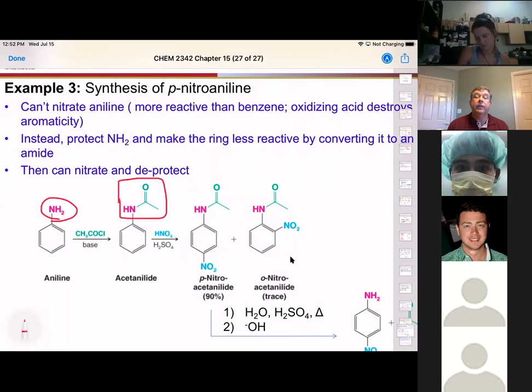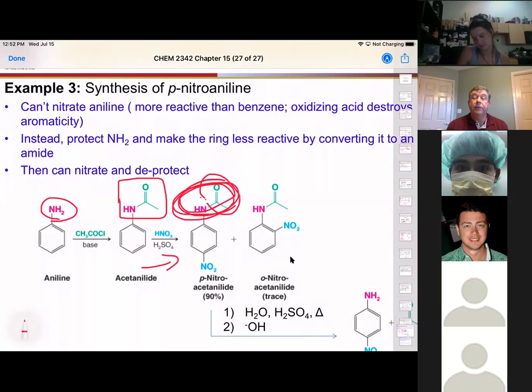This amide structure is more stable to oxidation, but it's still an activator because it still has that lone pair on it right up here. So then we can actually nitrate it. Now notice this protecting group is kind of big, and so it's flipping around like this because of that free rotation on that sigma bond.